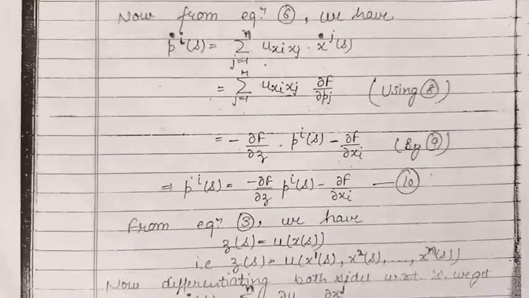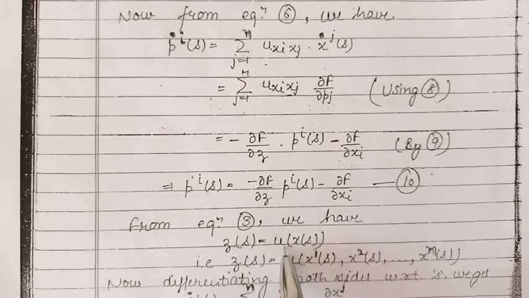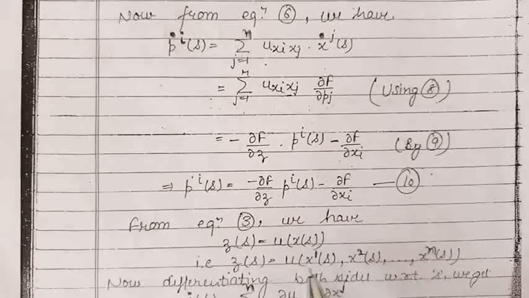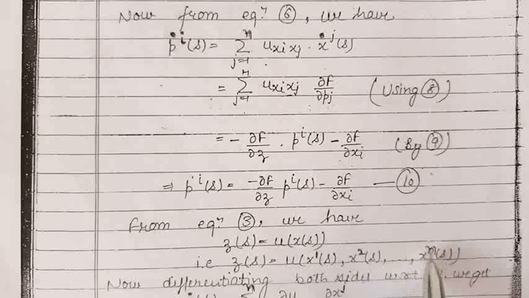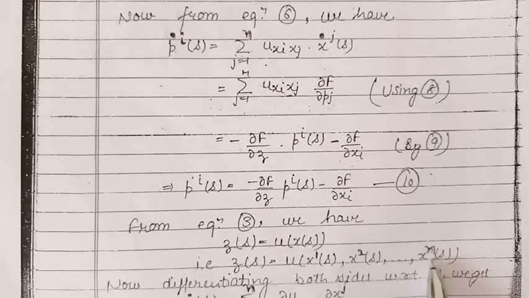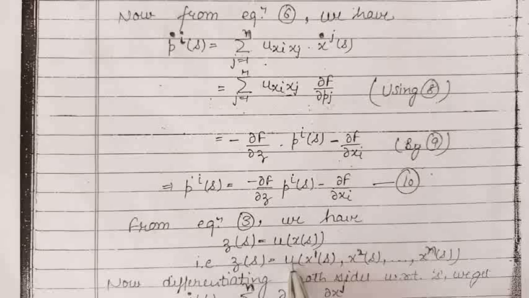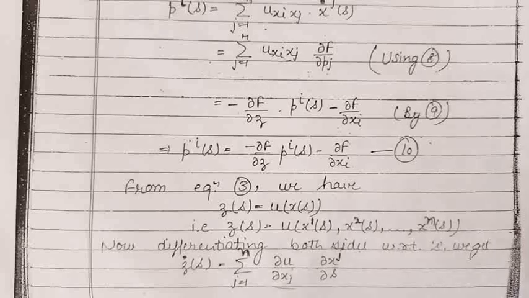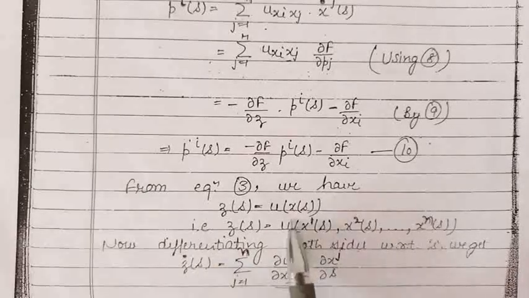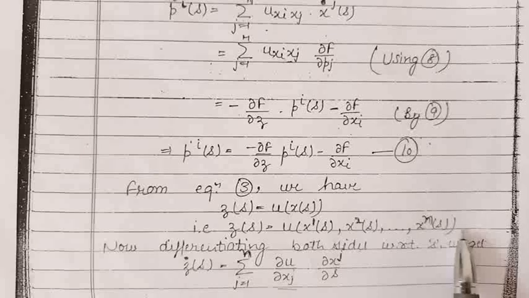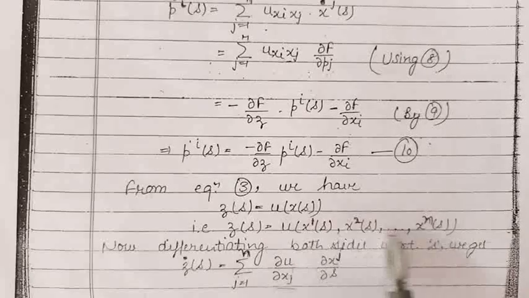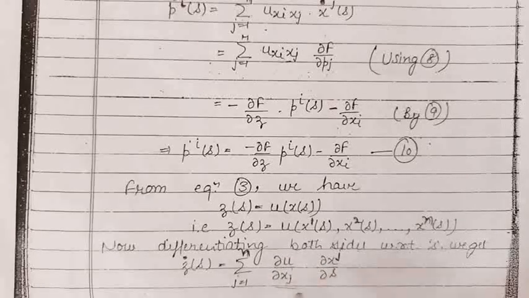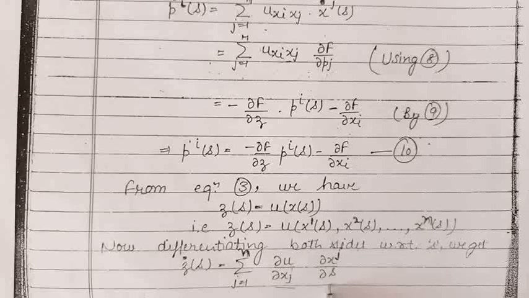Now, we have defined the function z to be the function of u, which is the function of x, and x is having the components x1, x2, x3 up to xn. Now let us differentiate both sides with respect to s. The derivative of z with respect to s we have denoted by z dot. On the right side, again using chain rule of differentiation, the derivative of this term is given by summation curl u by curl xj into the derivative of xj with respect to s.